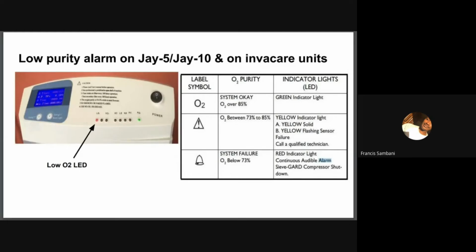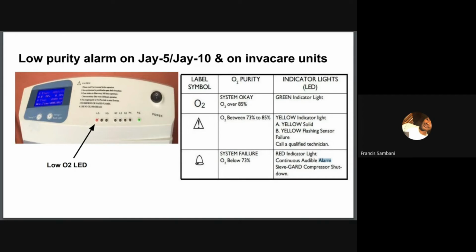It is accompanied with an audible alarm sound as well. The low oxygen LED is written LO2. So that is the low oxygen alarm we can see in the graphics, and you also have an audible alarm accompanied with it.